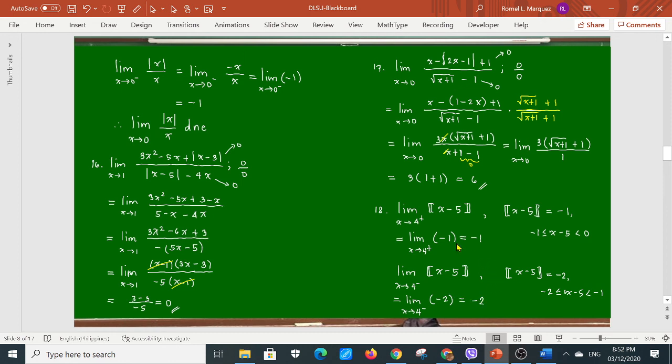O see the difference? So if you're asked, what's the limit of the greatest integer of x minus 5 as x approaches 4? Does not exist. Okay, guys?